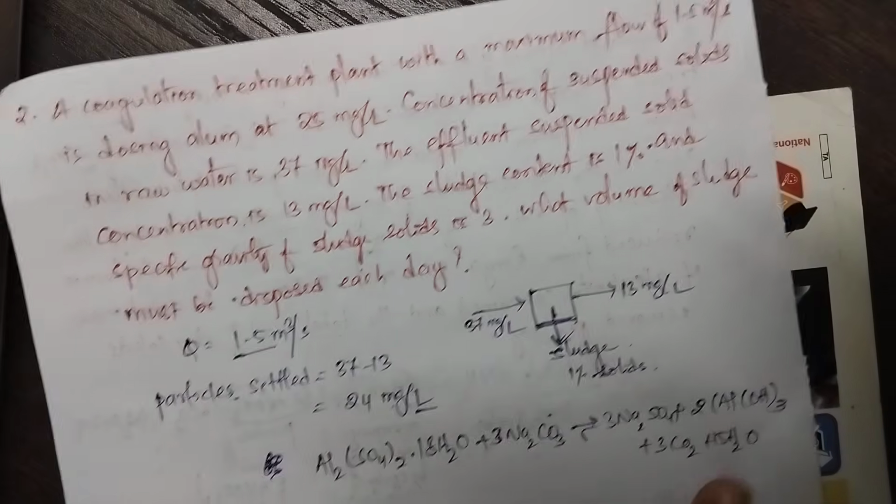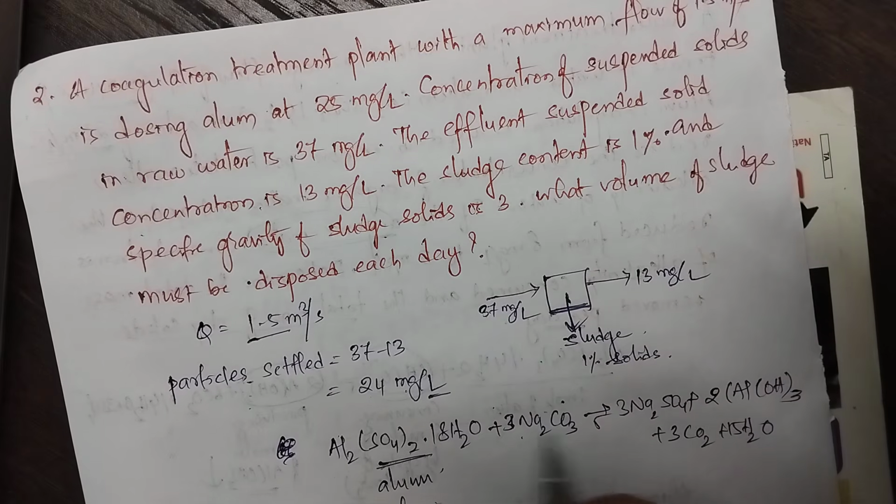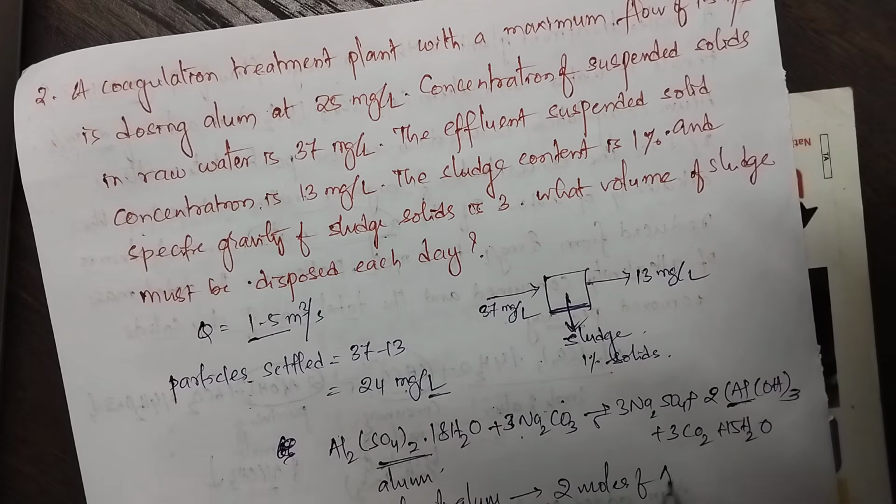What we can see from this equation is, 1 mole of alum is producing 2 moles of Al(OH)3.